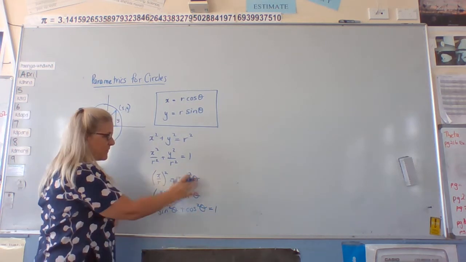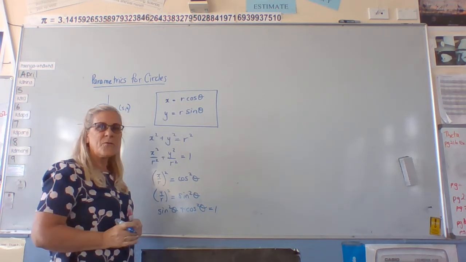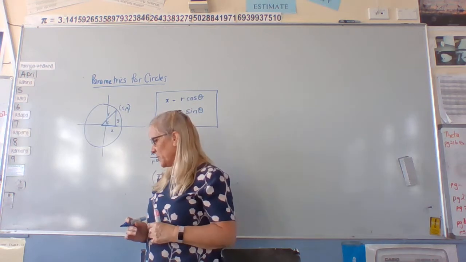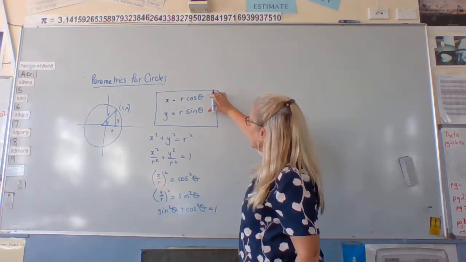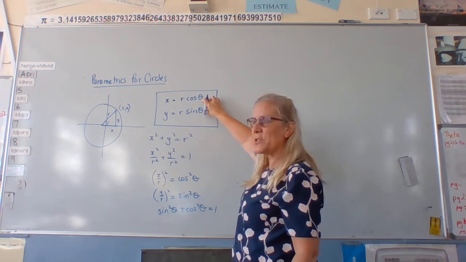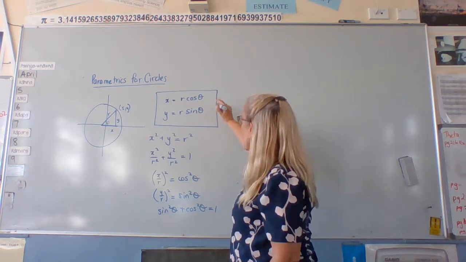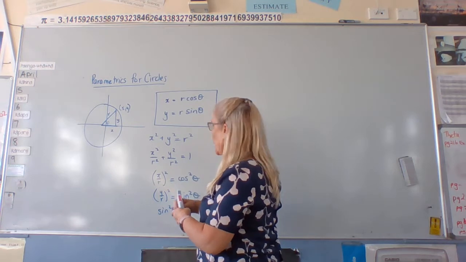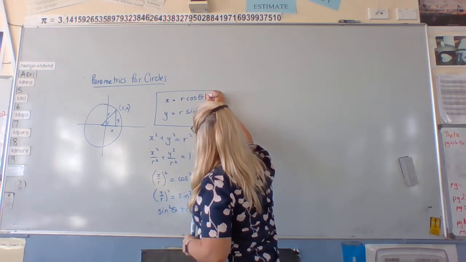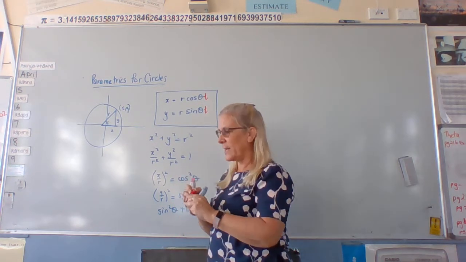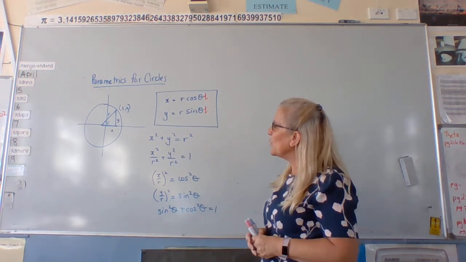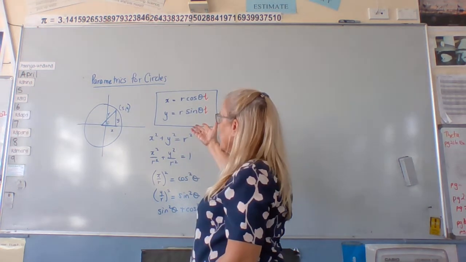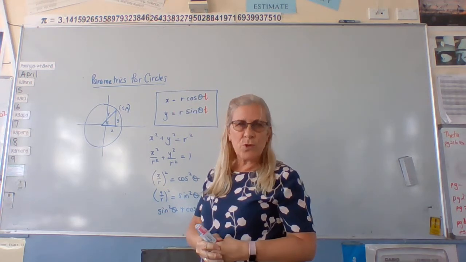So we can map all of that together to find that these are the correct parametric equations. Everything is being measured in terms of theta or t. Sometimes these are written with t, so it could be cosine t and sine t. That's okay too. They're given to you on a formula sheet.